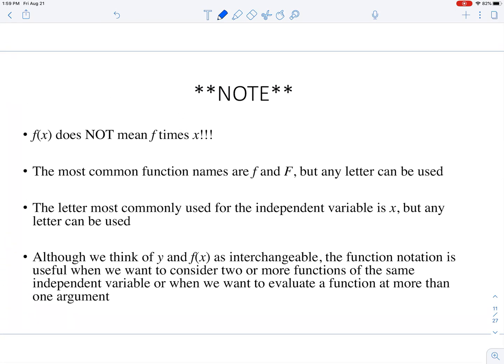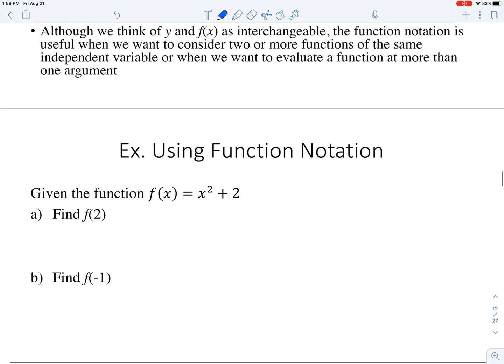Let me see, anything else to point out. Yeah, so y and f of x are interchangeable. Oh, big one: f of x does not mean f times x. It is function notation and not multiplication.